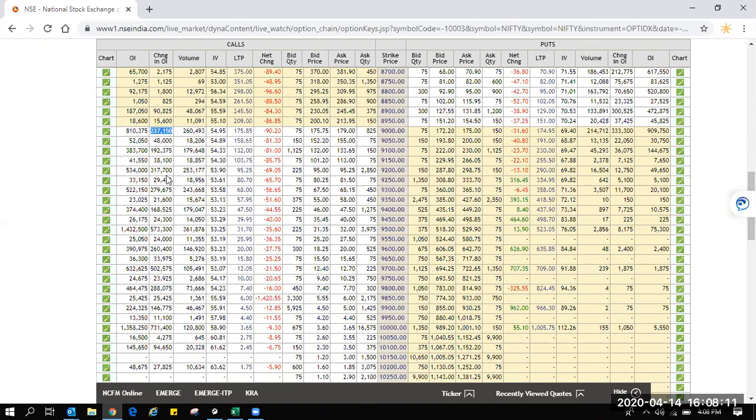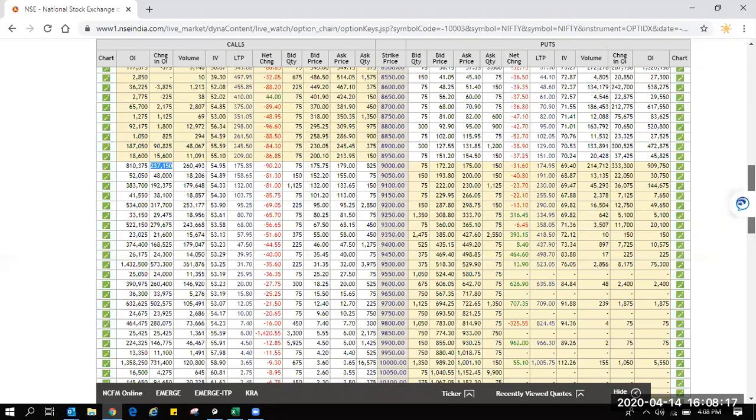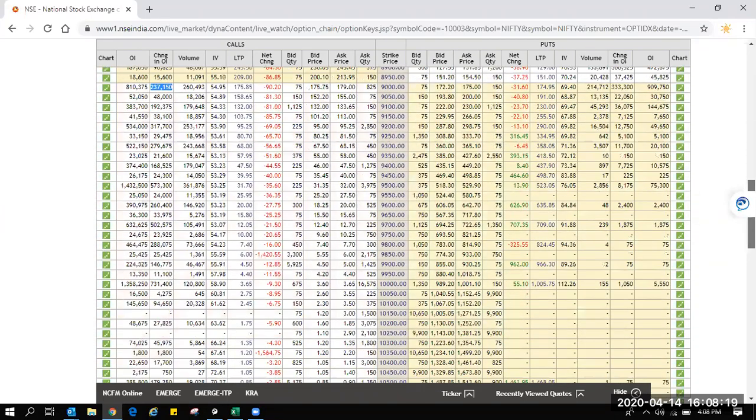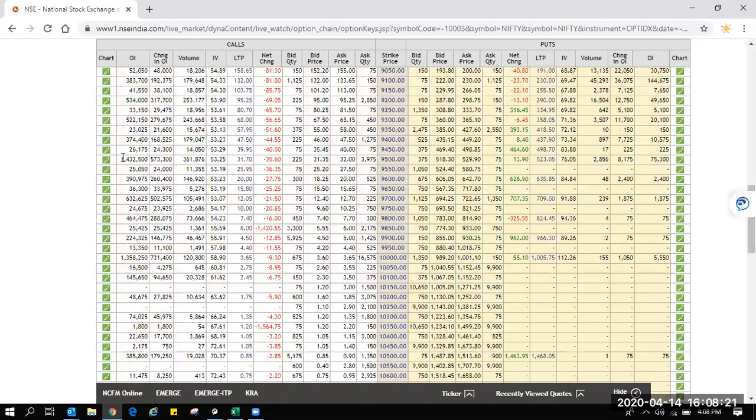Now we can see the maximum OI across all the strikes. The maximum OI is at 9500. Your first resistance is always the maximum OI, that is this. So 9500 is your first resistance.